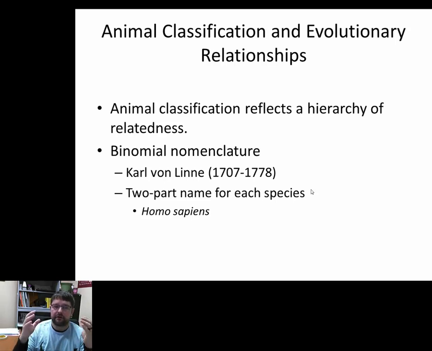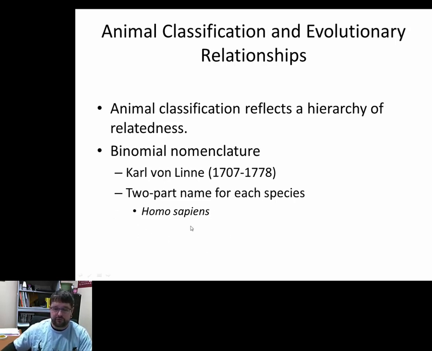Carl von Linné added to that and said, given a single organism, we should give them a two-part name, one part being the genus and the other part being the species, in other words, a binomial nomenclature.